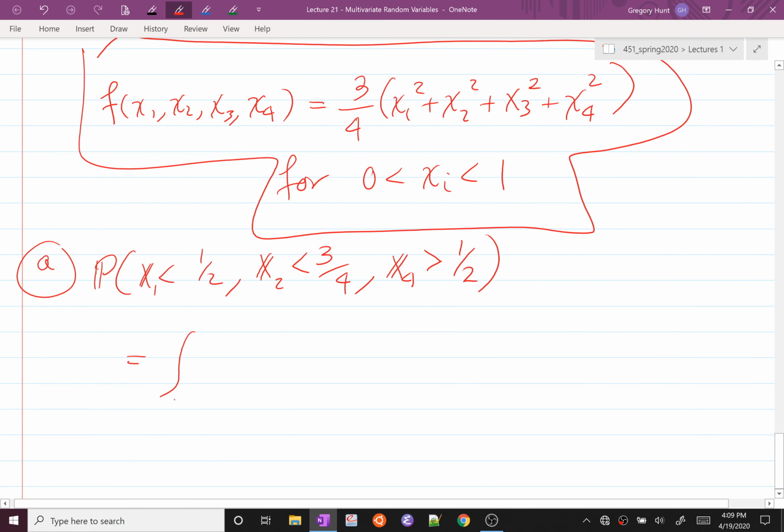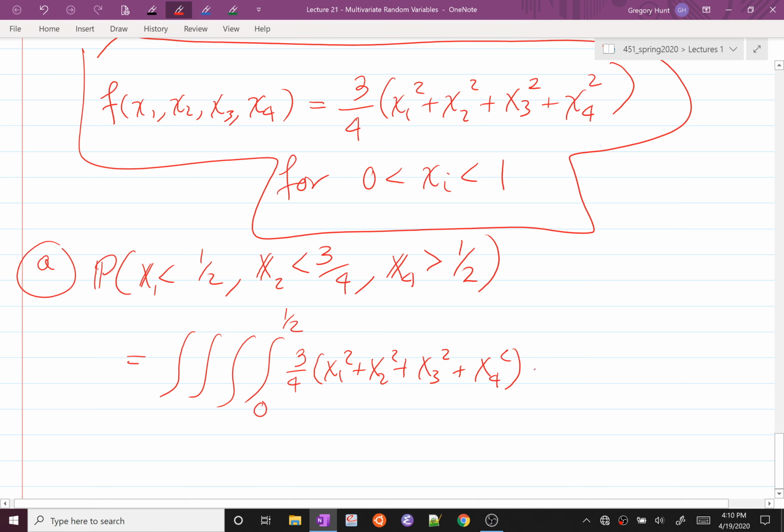So, we have 4 random variables, so it can be 4 integrals. We want x1 between 0 and 1/2. We're integrating 3/4, our joint PDF, x1 squared plus x2 squared plus x3 squared plus x4 squared.